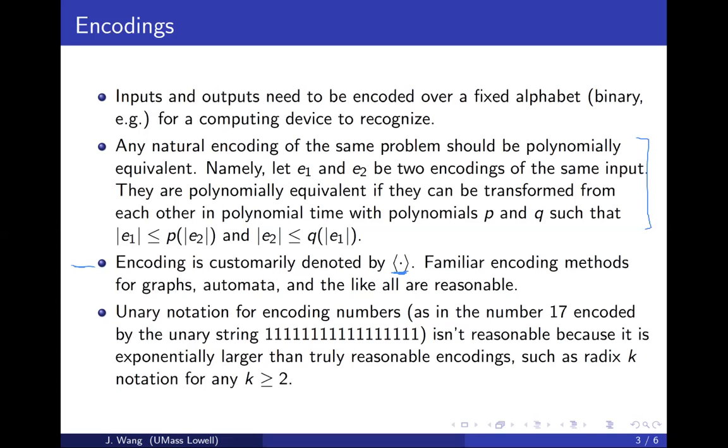If you have several components, two components, like we did earlier, such as an encoding of M followed by X, then we don't need to encode X, we just need to encode M using a concise encoding method. So the size under that encoding is just a constant, because M is a constant, plus the length of X.